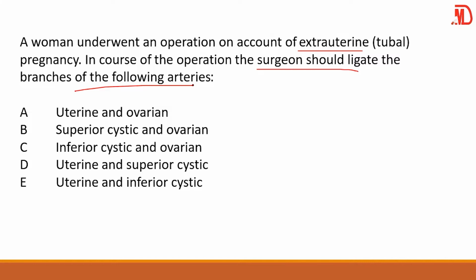When you cut them, of course, blood will not flow to these areas, or the body and the fundus of the uterus. There will be no blood supply to those areas. So over here, we're looking at the ovarian artery. So your answer should be A, uterine and then the ovarian artery.